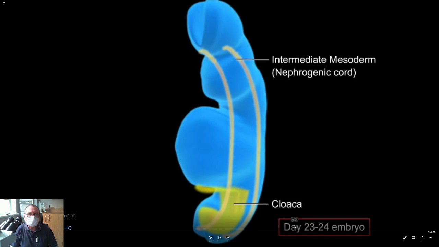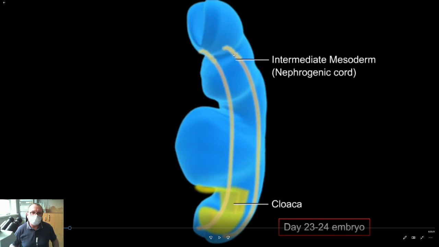Now we are seeing the whole embryo during the 4th week, which is just folding, and we can see the yellow nephrogenic cords. Cranially, at the level of cervical segments, these cords are segmented. You can see small chain-like structures, segments of the nephrogenic cord.